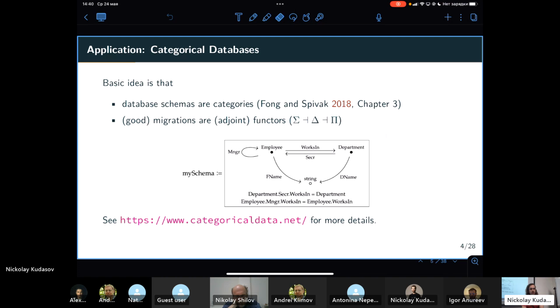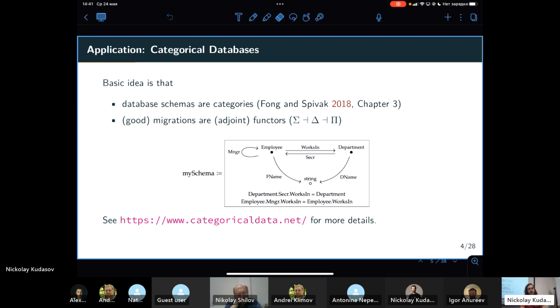The way that you do this is you say that every table or every entity in your database is a point or an object in a category. And then the arrows, the relationships between these things, can be different things, but these are sort of generalized foreign keys. That's the idea.